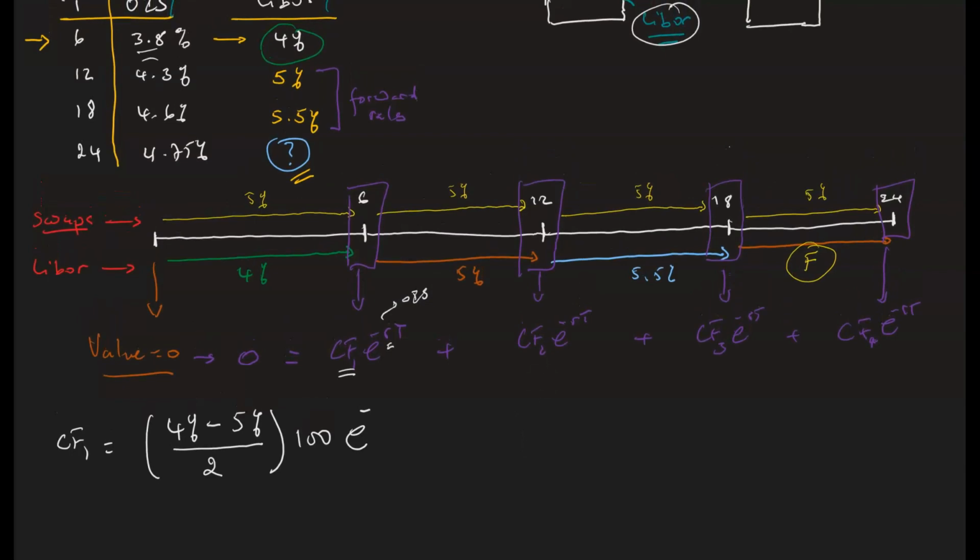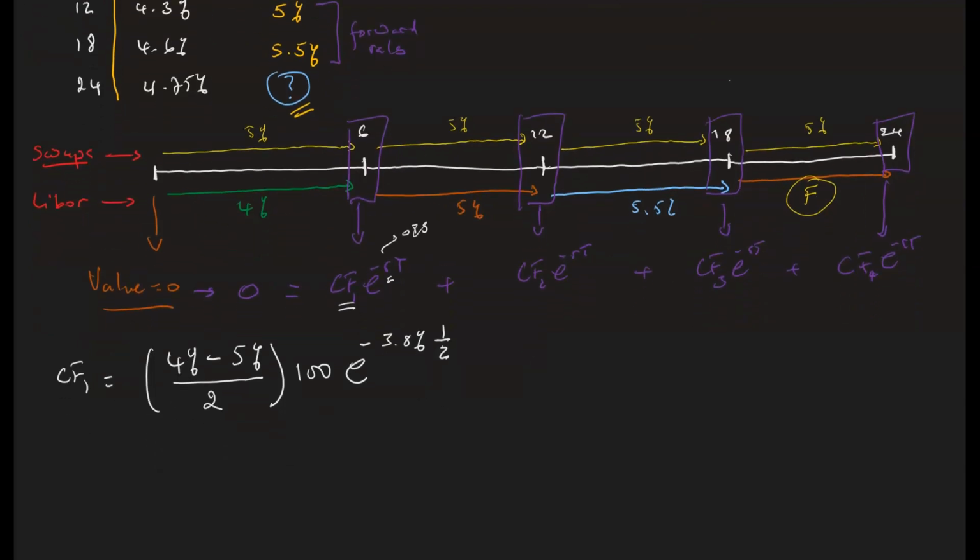So we're going to do 3.8% multiplied by 1/2, because 6 months is half of a year. What that's going to give me, I'm going to call that 1 here, is my first cash flow.